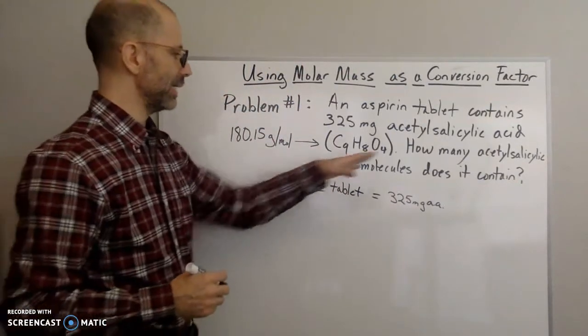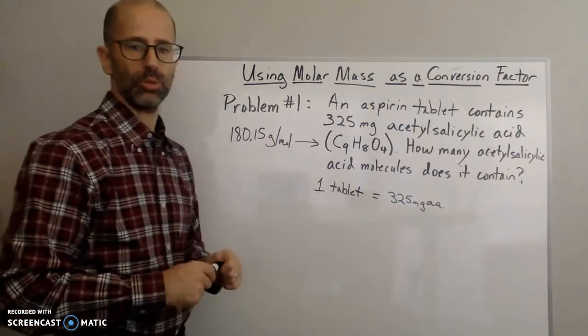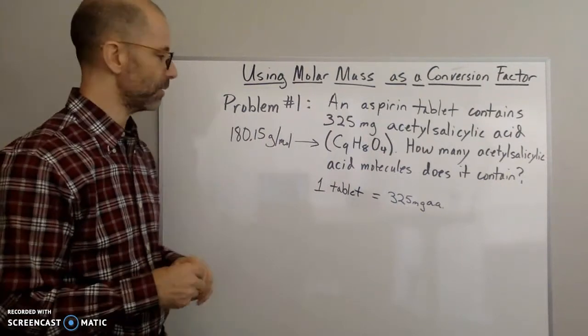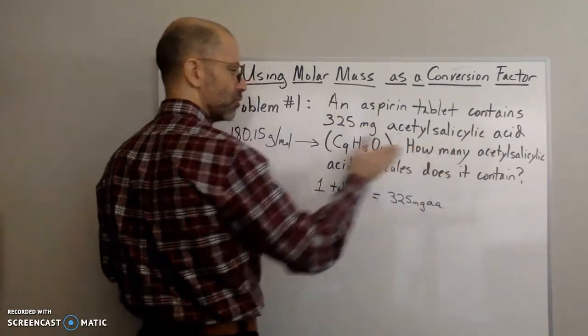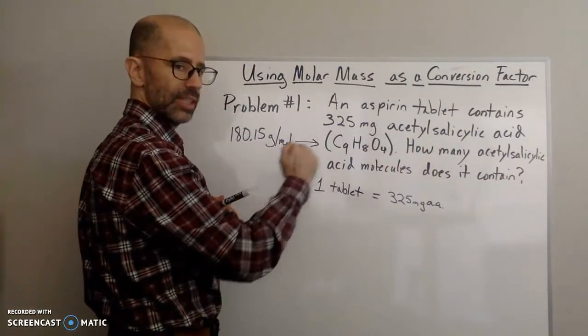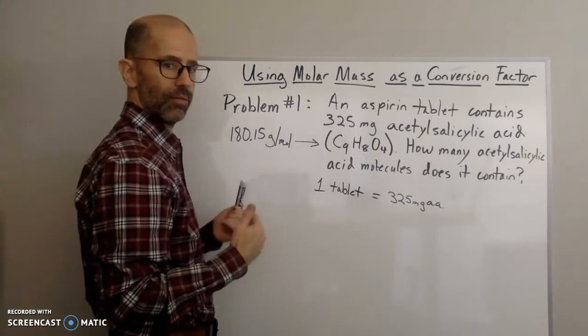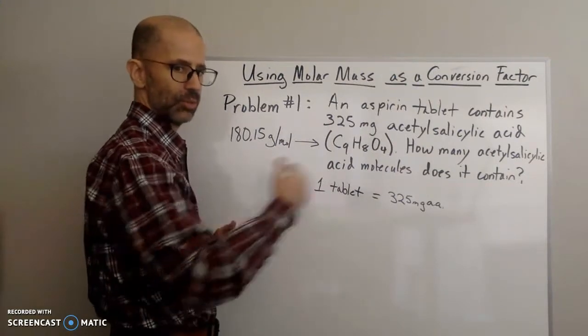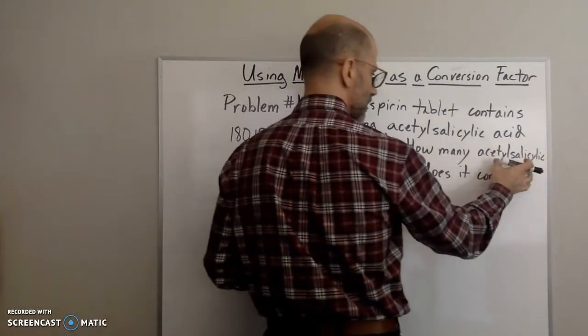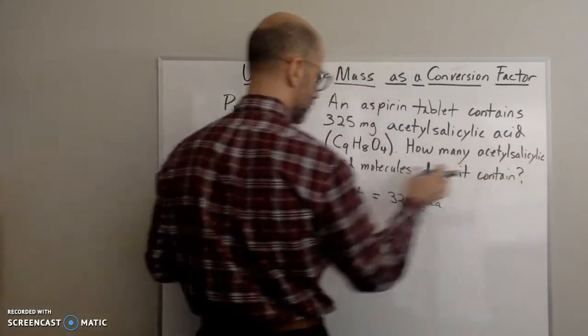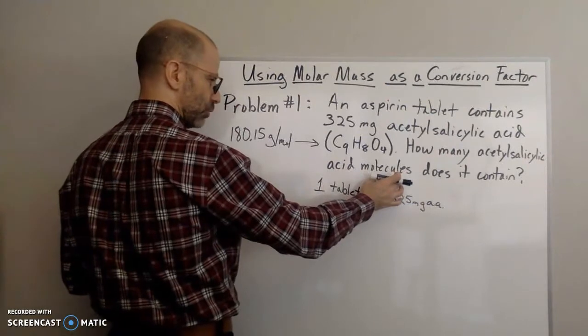The next thing is the question. So the question will tell you where to begin, where to end. So it says, again, how many? So the beginning of the question is the ending of the calculation, if you want. That's where you're going to want to end, if that's the way you want to put it. So how many acetylsalicylic acid molecules?